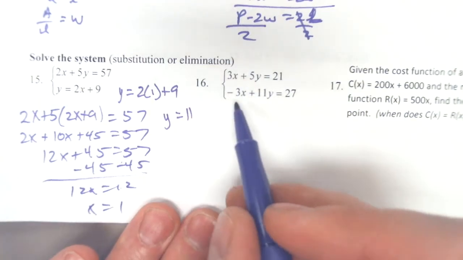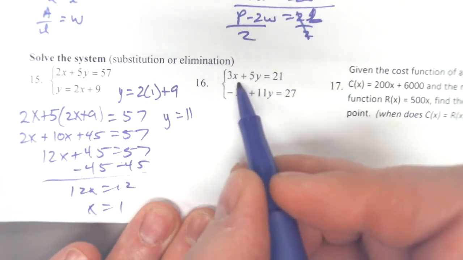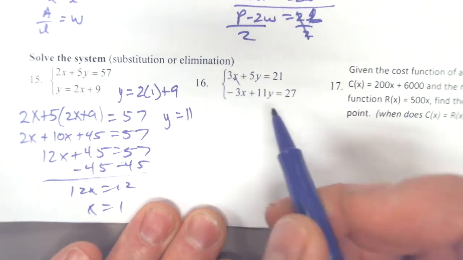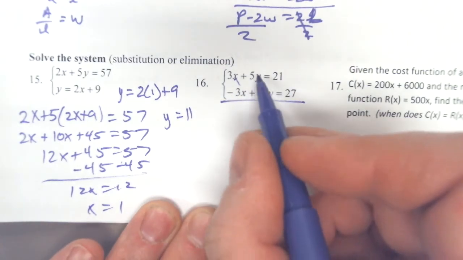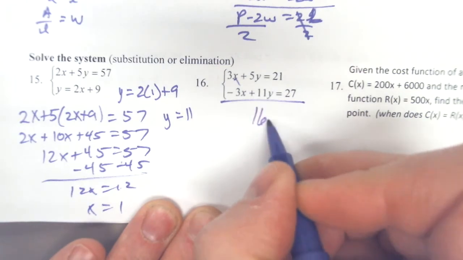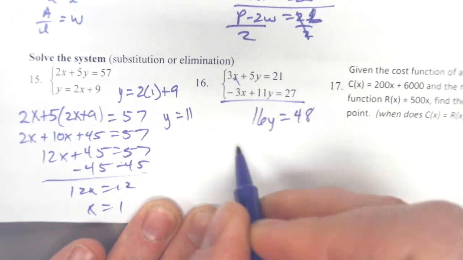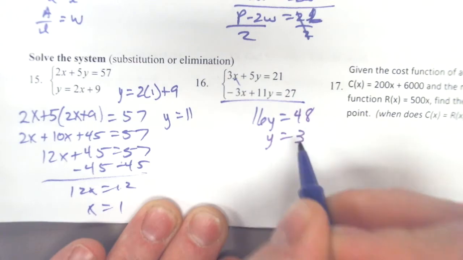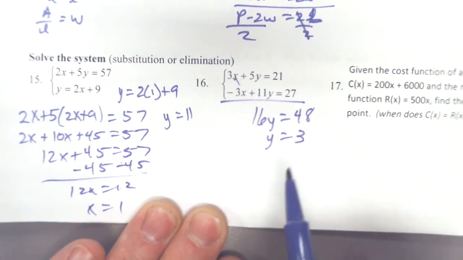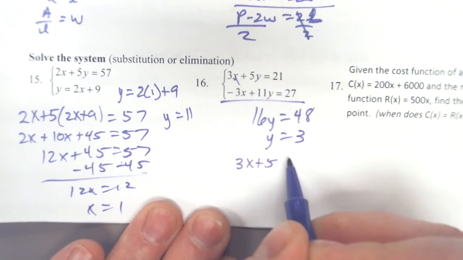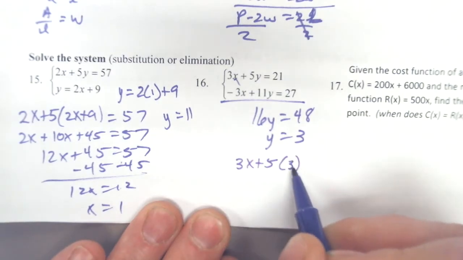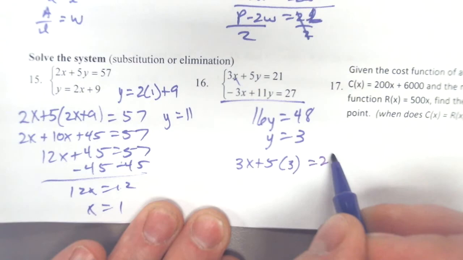In this one here, I'm going to use elimination because I have a positive 3x and a negative 3x. When I add them together, the x's go away, and I get 16y equals 48. Dividing, I get y equals 3. Again, I want to substitute that back into one of the original equations, giving me 3x plus 5 times 3, that's y, equals 21.